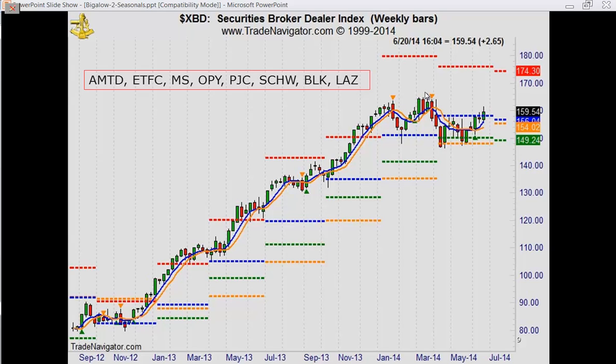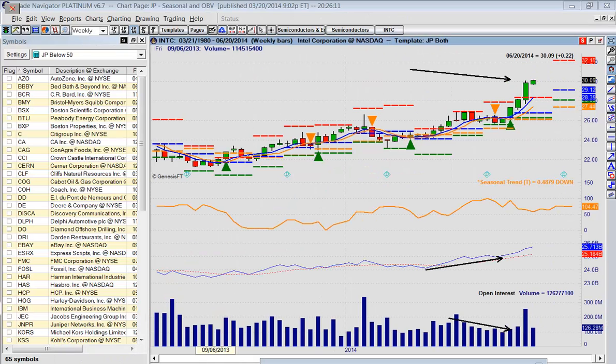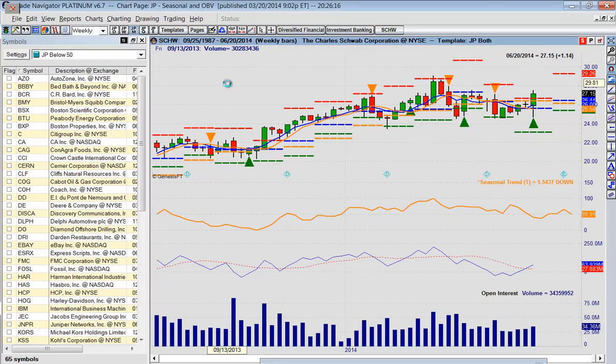The funny thing is, as the overall market's been making a newer high, the XBD has not been making a newer high. And so when we take a look at that, I want to quickly go through a couple names here with you. Let's take a look at Charles Schwab, and it almost looks very representative of that overall sector.